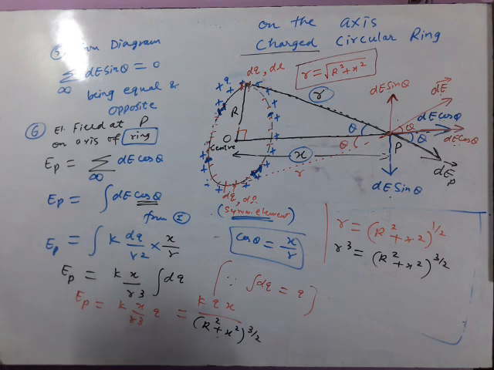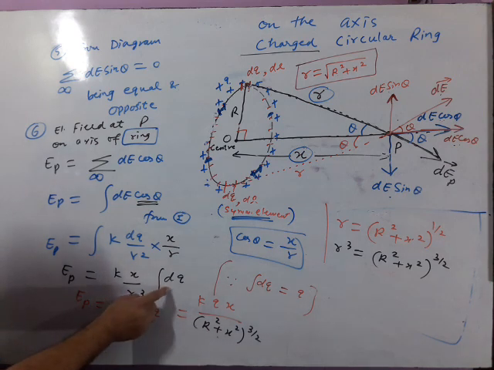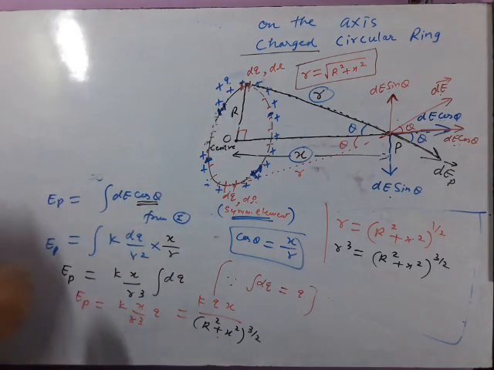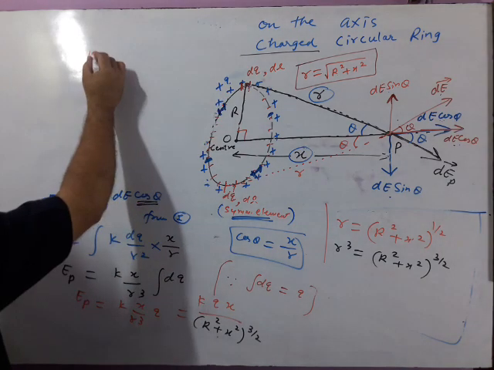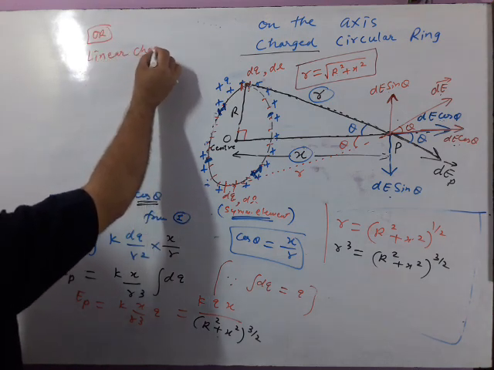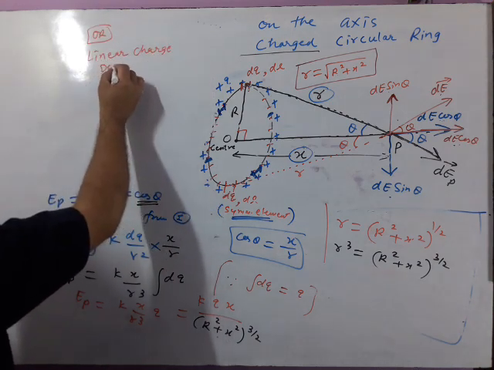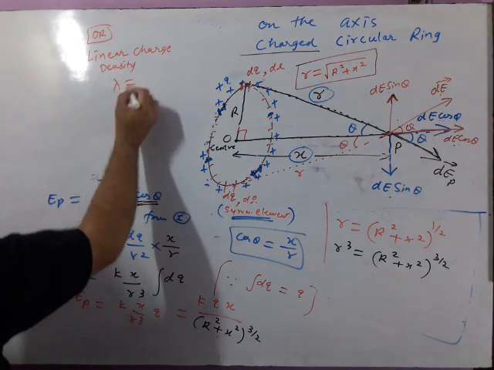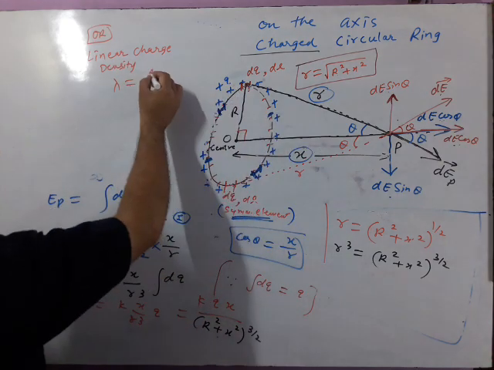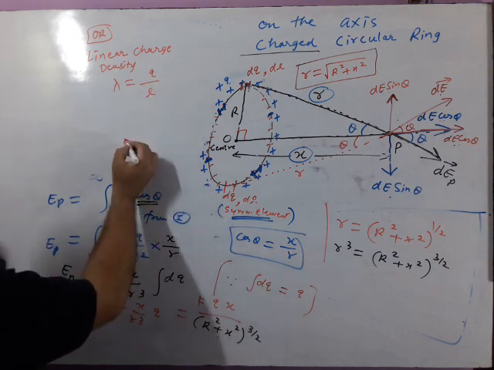There is one more way at this juncture for dq. That is called linear charge density, lambda. Linear charge density lambda is the total charge upon total length.